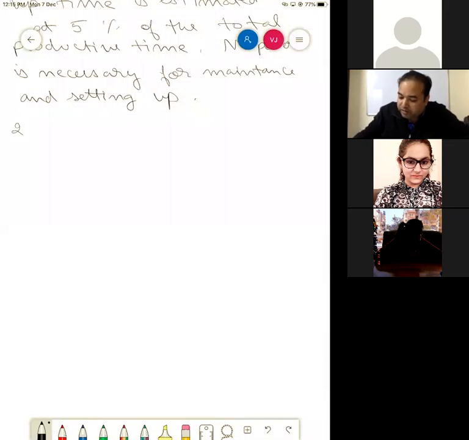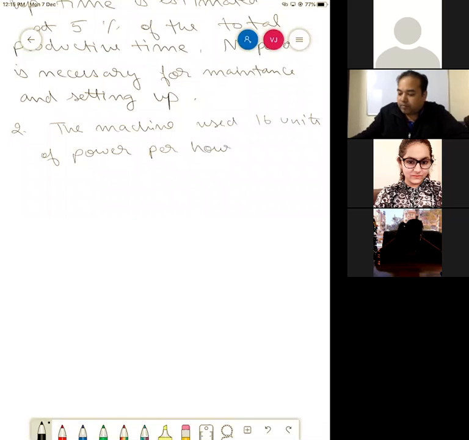Note down second point. The machine used 16 units of power per hour at 10 paisa per unit.